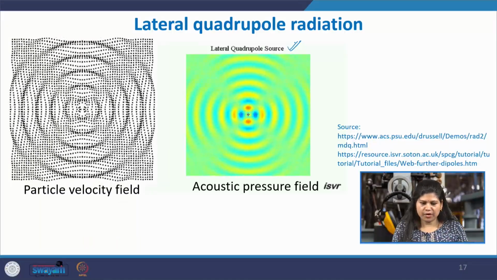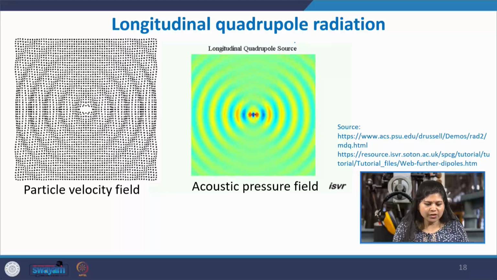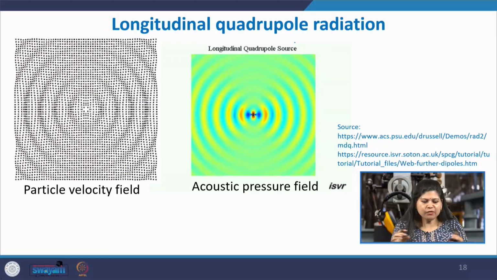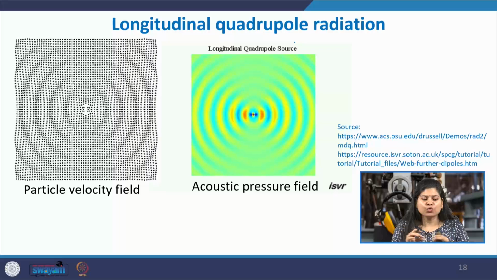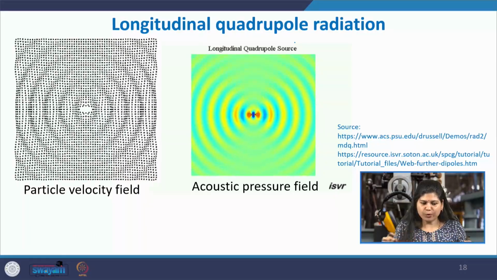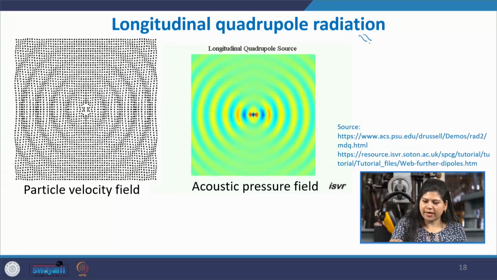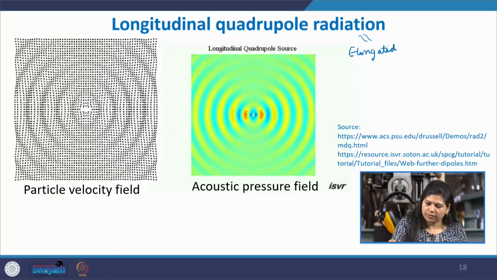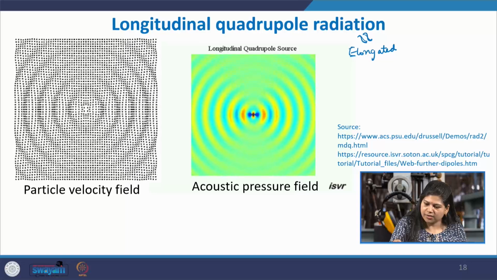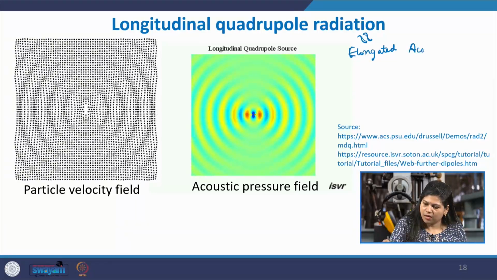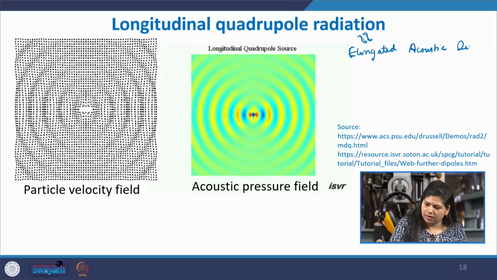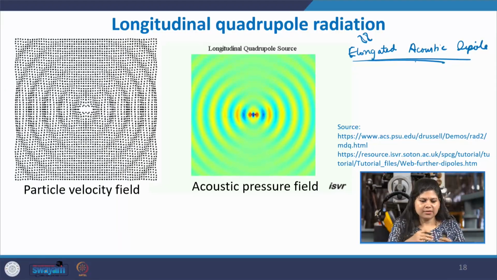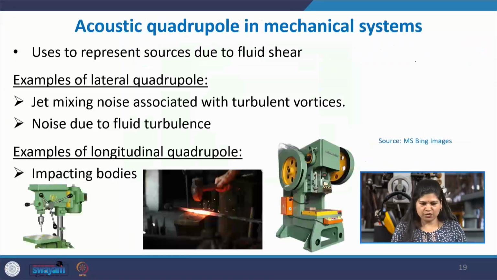For the longitudinal, the particle field is quite similar to the acoustic dipole. It is very much like an elongated acoustic dipole, with a similar kind of field and radiation pattern.